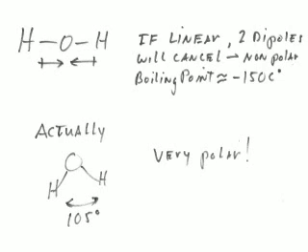The furthest apart they could get would be, of course, 180 degrees, in which case the water molecule would be linear. If the water molecule was linear, the 2 dipoles would in fact cancel. They'd point straight at each other and cancel each other out, and water would be a nonpolar molecule.